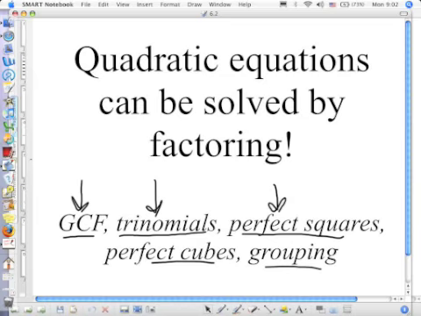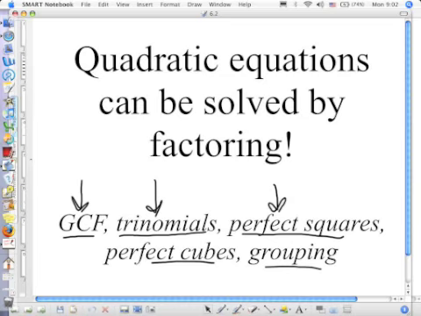As a review, the five ways of factoring. We always, first and foremost, look for a greatest common factor, if there is a number or a factor in each of the terms that can be removed. Then we had factoring trinomials, which involved undoing FOIL.